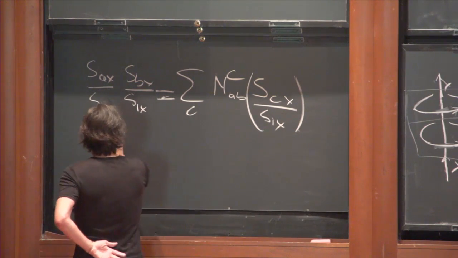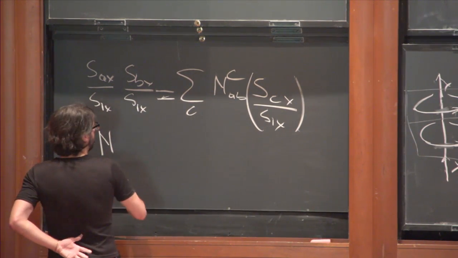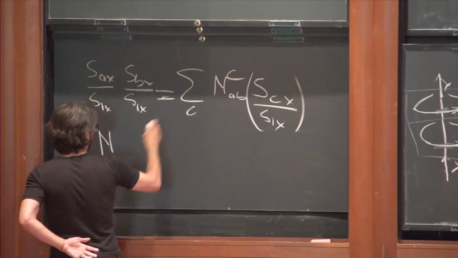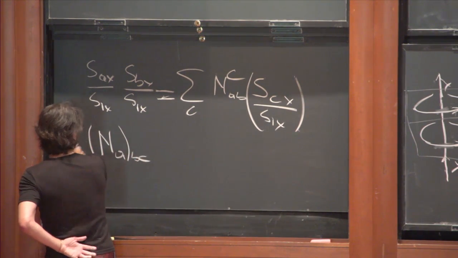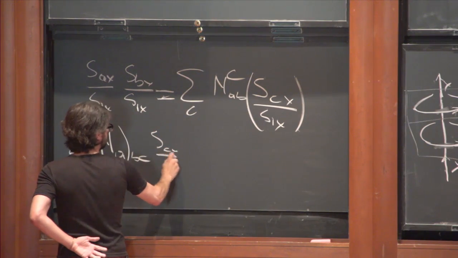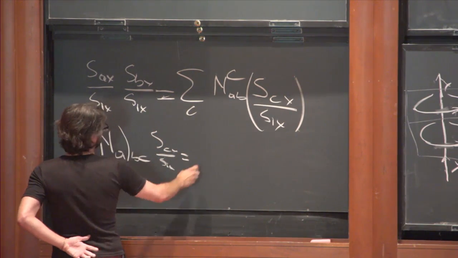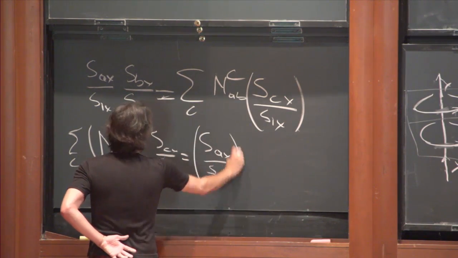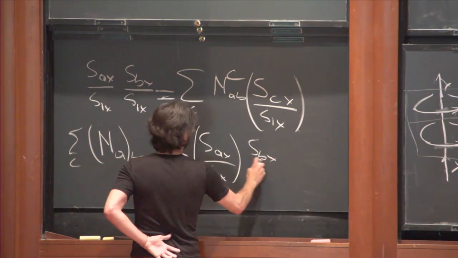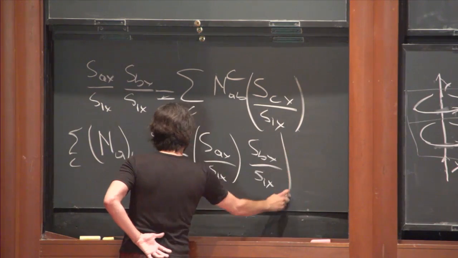So if I was to write this as a matrix, N_ABC, sum over C, SCX over S1X, the eigenvalue is SAX over S1X times SBX over S1X.